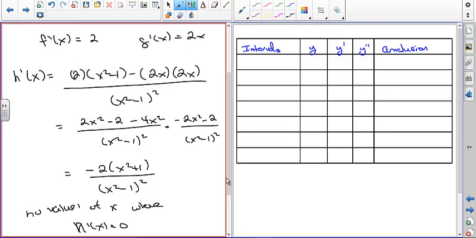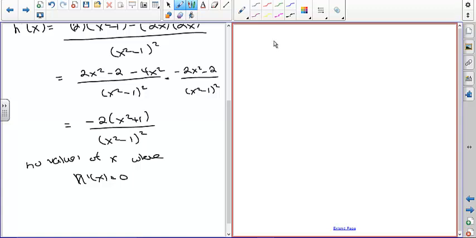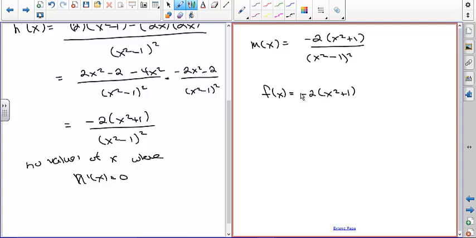Okay, now we do the second derivative, so let's add a page. I'm going to call it m of x. I'm going to call the top part f of x equals -2 times x squared plus 1. g of x is x squared minus 1 squared.